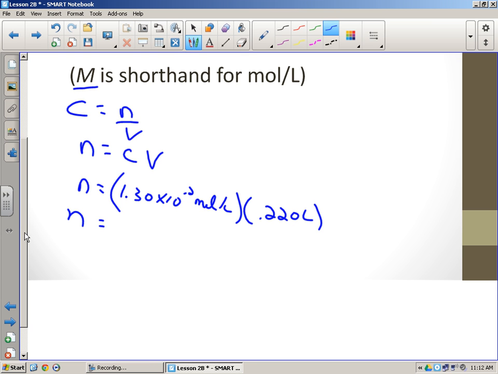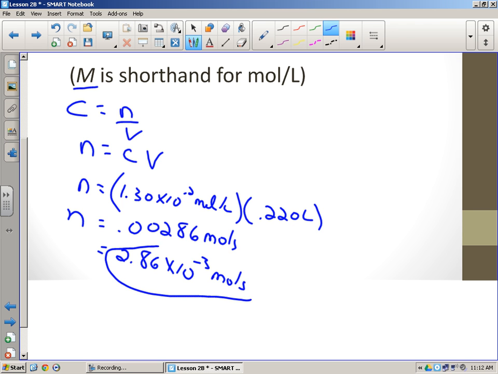Let's see, 1.3 times 10 to the negative 2 times 0.22. It's 0.00286 moles. There's nothing wrong with that answer, but if you need to put it in scientific notation for some reason, which is probably what you'd have to do, it'd be 2.86 times 10 to the negative 3 moles.